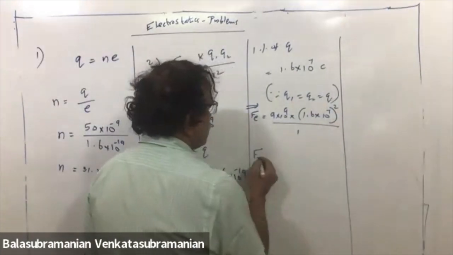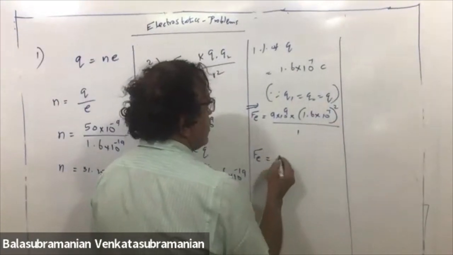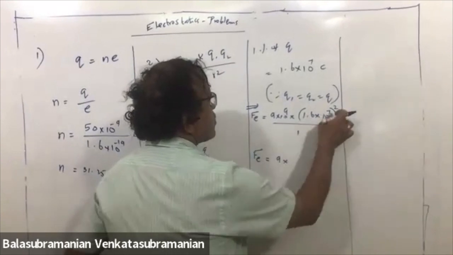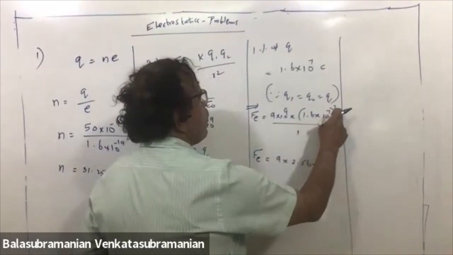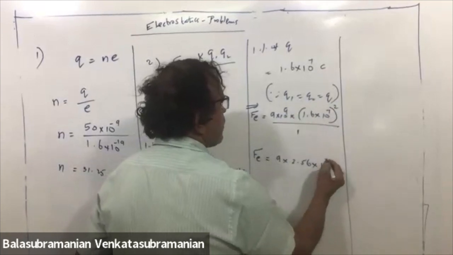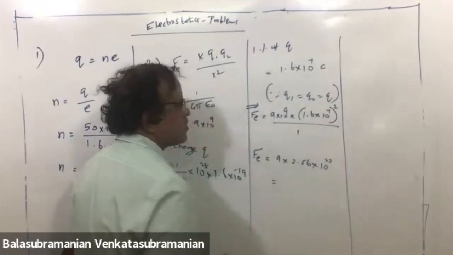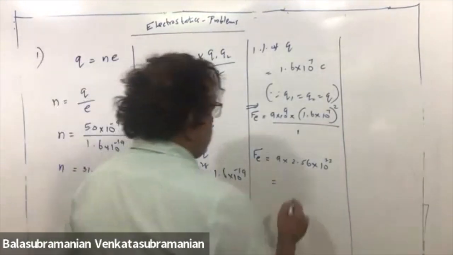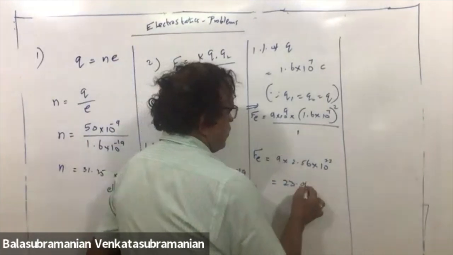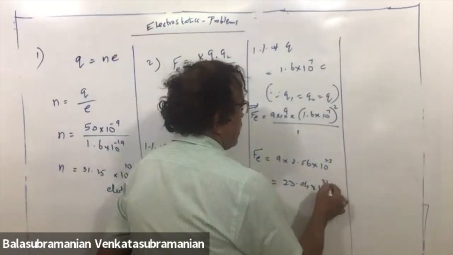So the electrostatic force: 9 into 1.6 the whole square is 2.56, 10 power 14 plus 9 is 10 power 23. This is the force, 23.04 into 10 power 23 Newton.